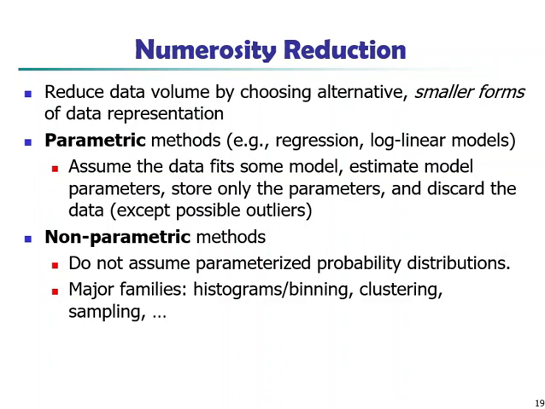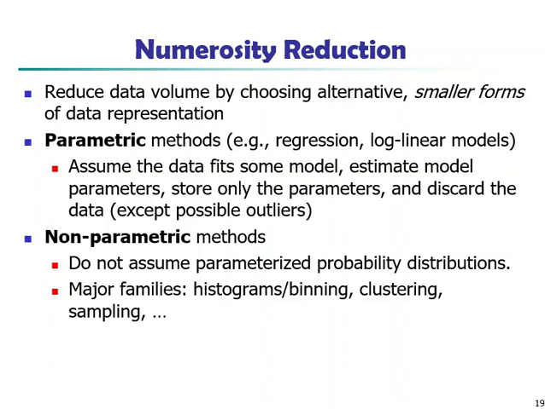So if we have a log linear model constructed or regression line function established, then we don't need to store all the data. We can generate the data whenever we need to. And sometimes those regression functions can be directly used in the mining task itself. Those are more advanced mining methods that we're not going to talk about in this class.